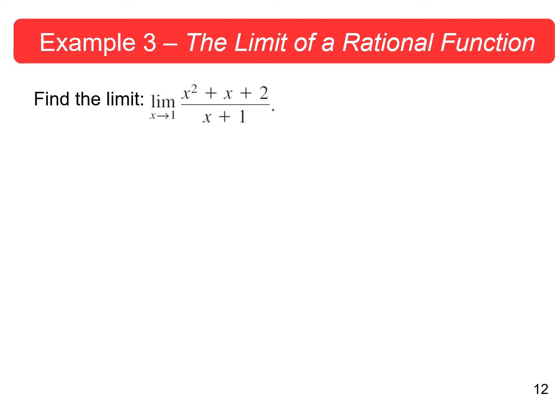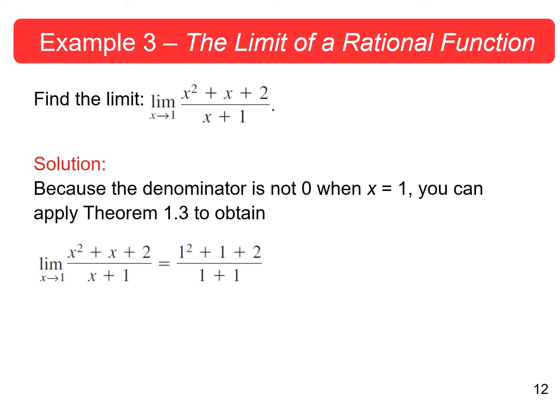For example, let's evaluate the limit of this rational function as x approaches 1. So the limit as x approaches 1 of a rational function, when the denominator evaluated at this value is not 0, is just equal to the value of the rational function evaluated at this point. To do that, we first evaluate this expression at x equals 1.